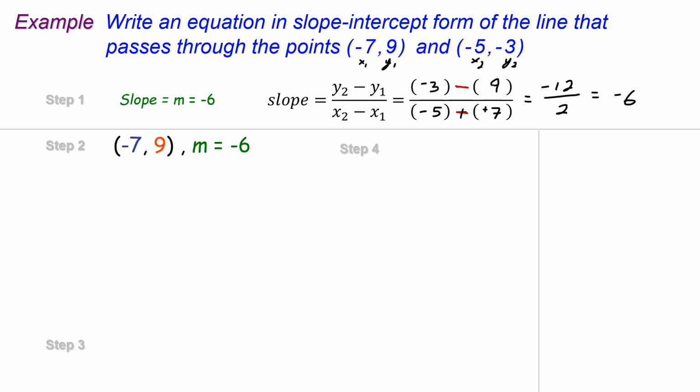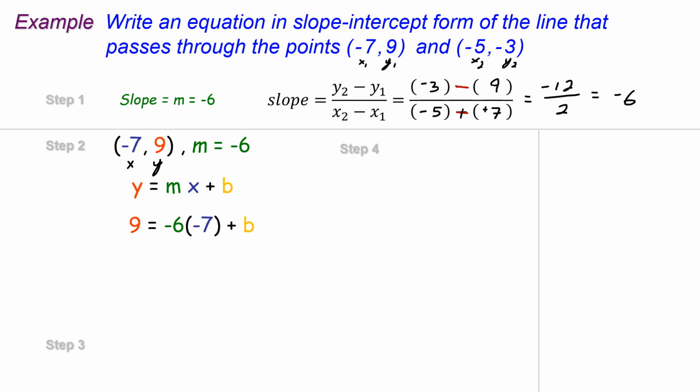All right, step 2. We have a point, we have a slope. Now we had 2 points to choose from. I chose -7, 9. Why? Just because. Okay, so I have -7, 9, I have a slope of -6, and we substitute that into y equals mx plus b. Here we go.